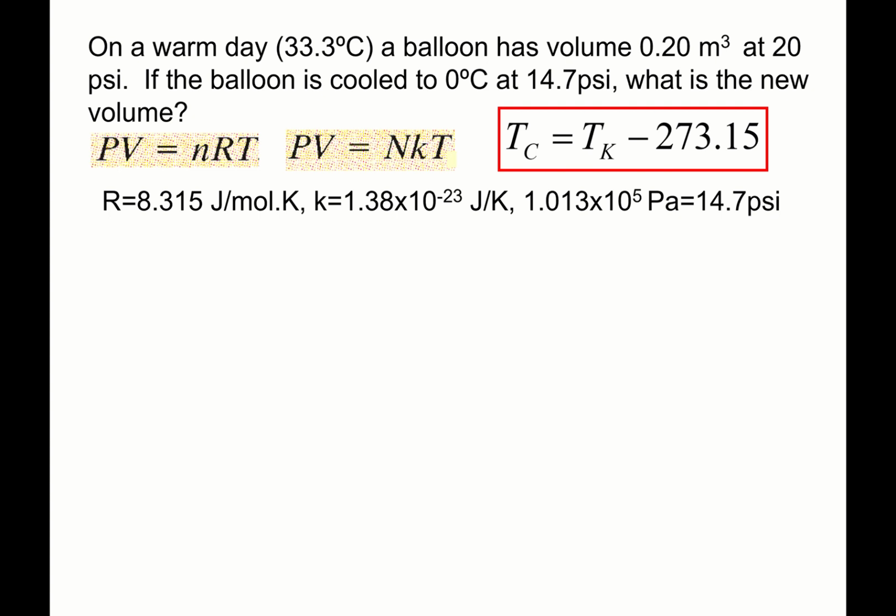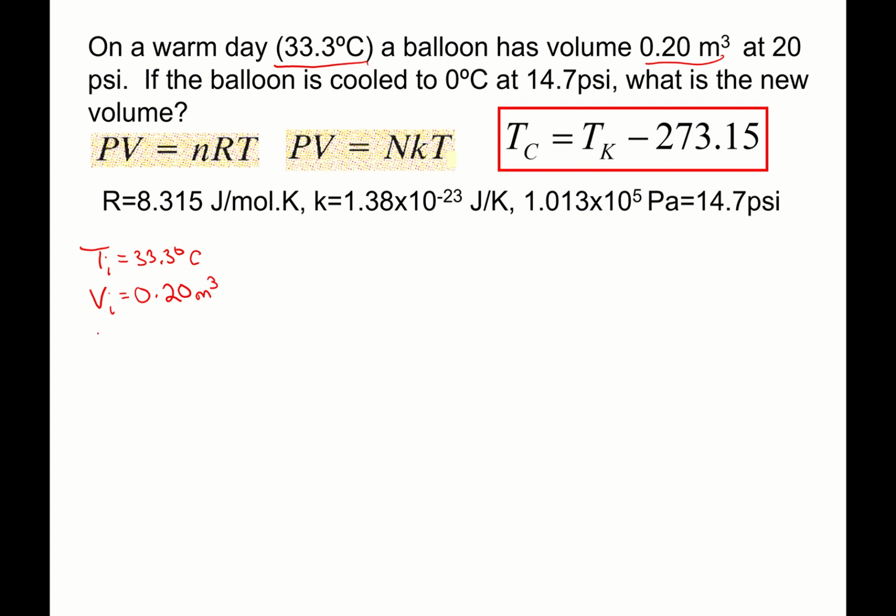So on a warm day, 33.3 degrees C, a balloon has a volume of 0.2 cubic meters at 20 psi. If the balloon is cooled to 0 degrees C at 14.7 psi, what's the new volume? All right, so let's again go through and pull out numbers. So I've got T initial is 33.3 degrees C. I've got my volume, V initial, is 0.20 cubic meters.